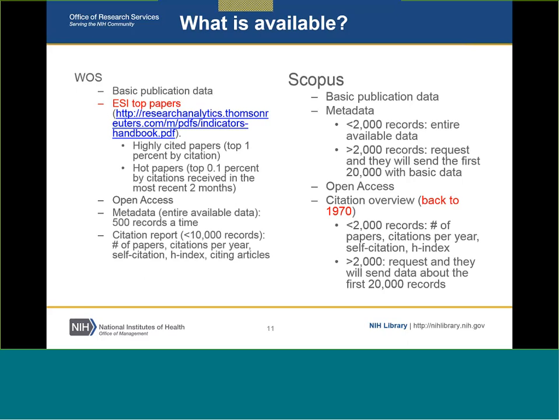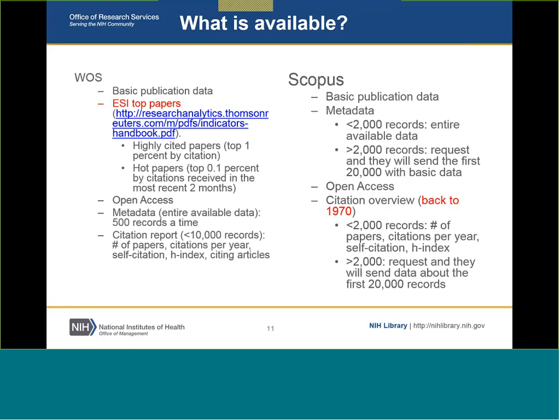They also show you the citation overview. Again, the limitation is the magic number of 2,000. If your data set is smaller than 2,000, then they're going to show you the number of articles, citations per year, self-citations, h-index, things like that. So basically very similar to what Web of Science can provide.